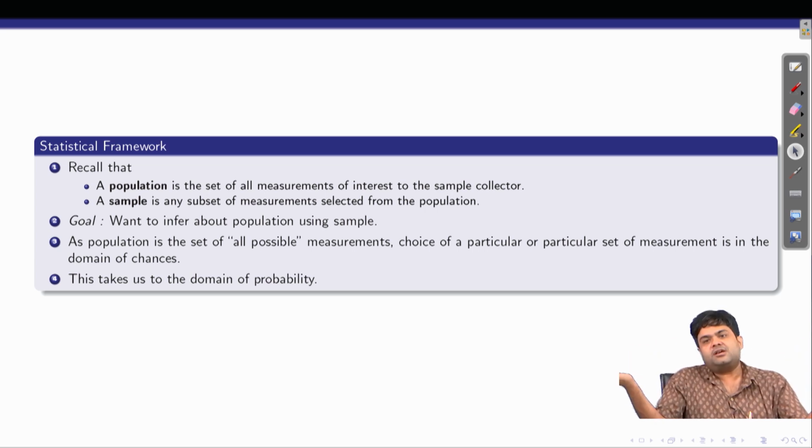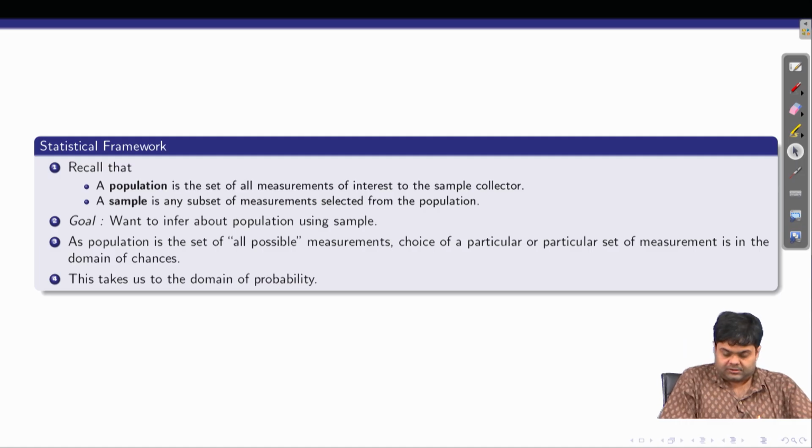Roughly speaking, if you have chosen randomly enough, in a fairly representative way of the Indian population, the chance of the person being diabetic will be approximately the same as the proportion of diabetic people in India. You really cannot say that the person you pick randomly is diabetic or not. You can at best say the chance. So this takes us to the domain of probability. Inferring about a population based on a sample is inherently a probabilistic game.